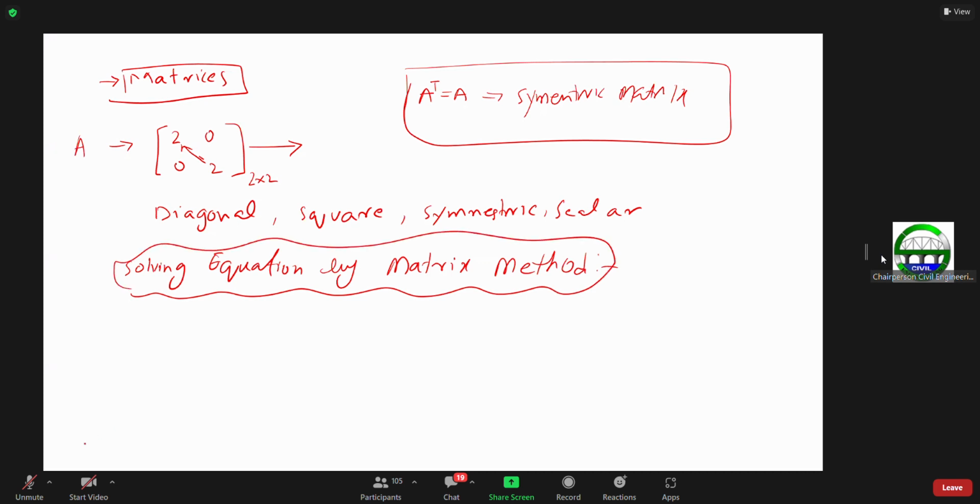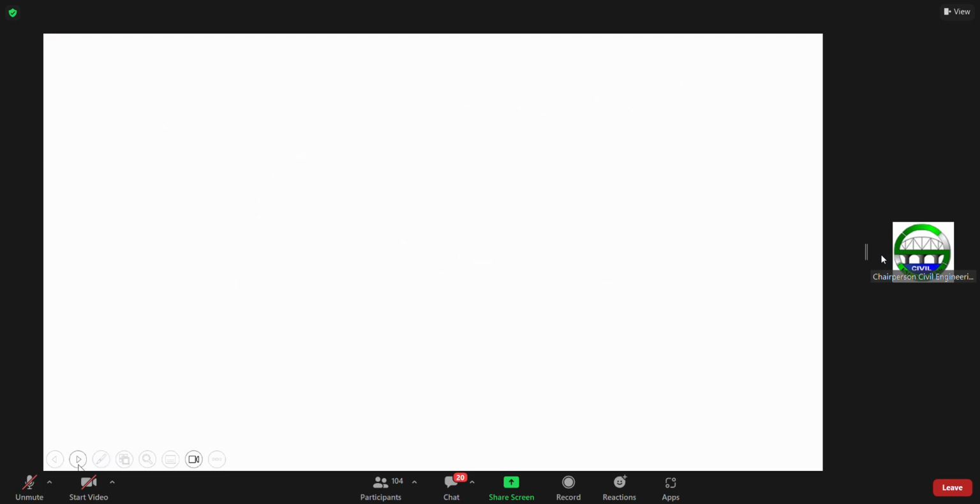Okay, so we're gonna have one more practice example, and then after this one, we're gonna move to R Studio, and we will try to solve those equations using R. Let's say this is example 1 for today.